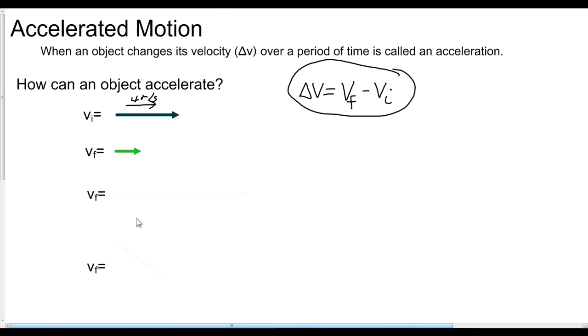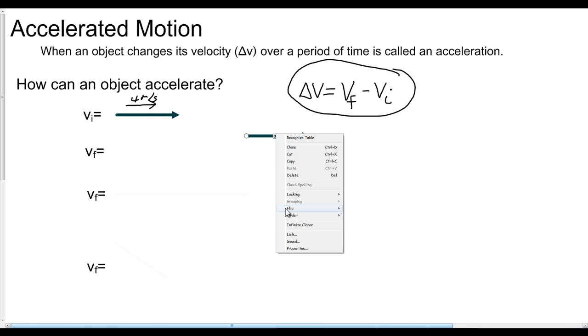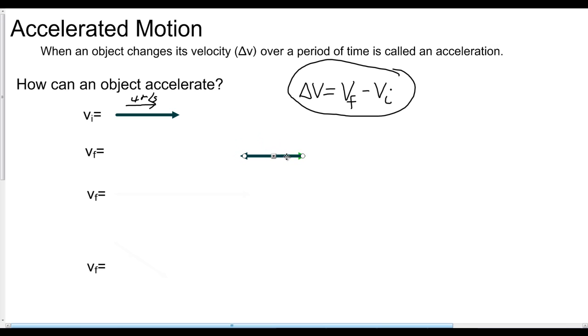In order to do that, I'm going to grab this vector. I start with my final vector, the little green one, and I'm going to subtract the initial vector. So I have to flip it and go the other way, so that I can just add them together using the head to tail method. If I place the tail of my initial vector on the head of my final vector, I'll get a new vector that looks something like this.